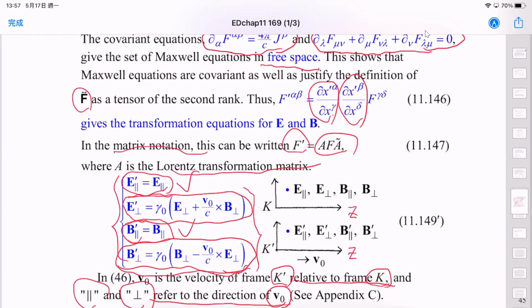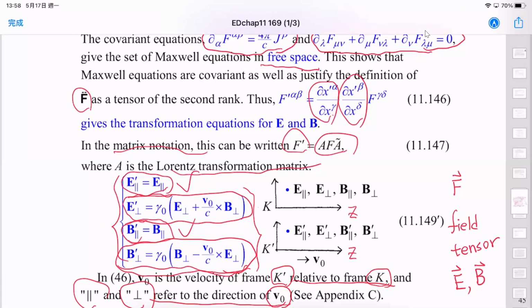You have two strategies. We just showed you the field tensor F, the field tensor. The field tensor consists of E and B, okay?